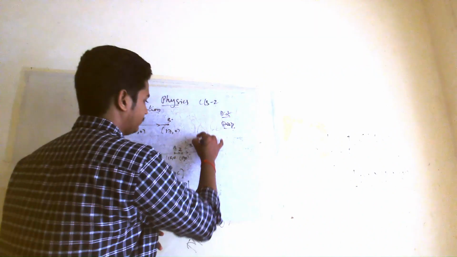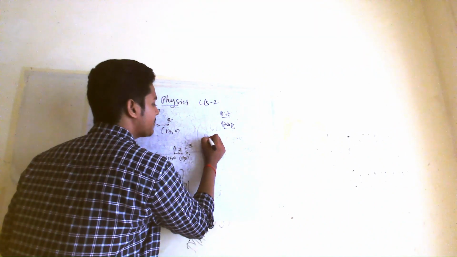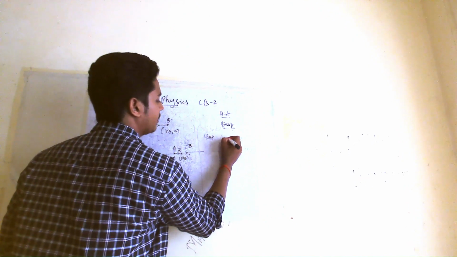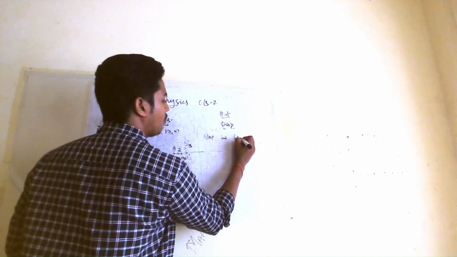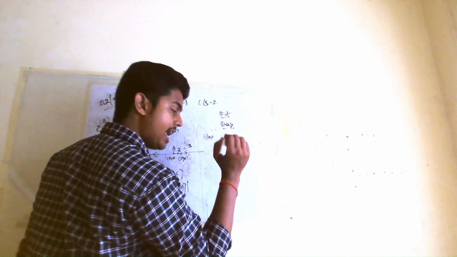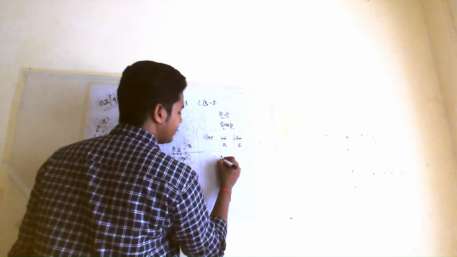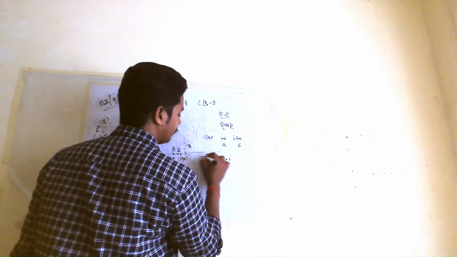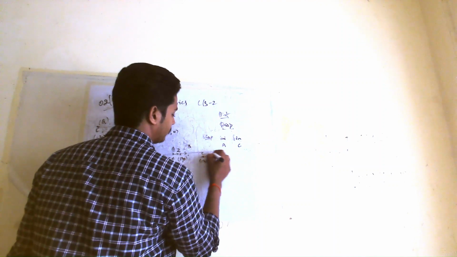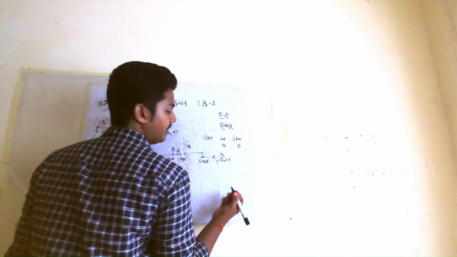Okay. Now let's find out the displacement. Displacement is always about the initial point and the final point. What is the initial point? A. What is the final point? C. Let's plot only A and C. A is here, 15 comma 0, and C is here, minus 2 comma 0. What is the displacement?